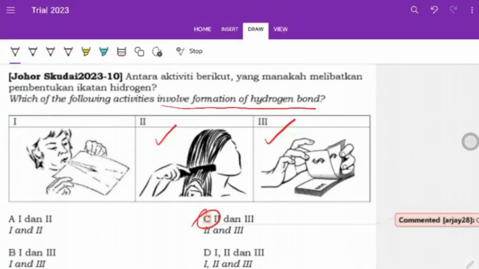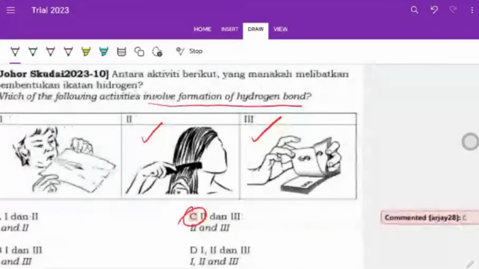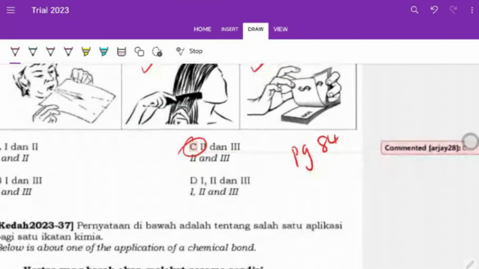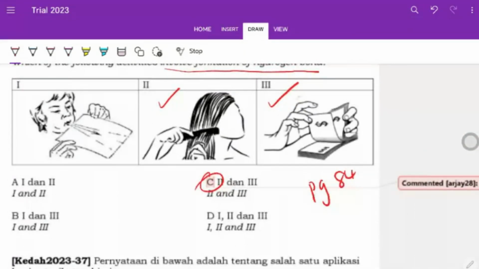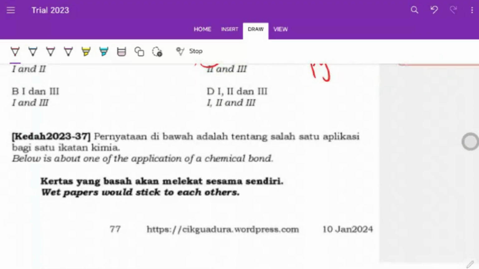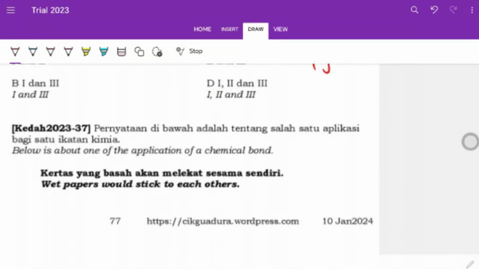Page 84. Correct or not, class? The application. The details you can read in details, how they can apply it. Thank you, Beatrice.